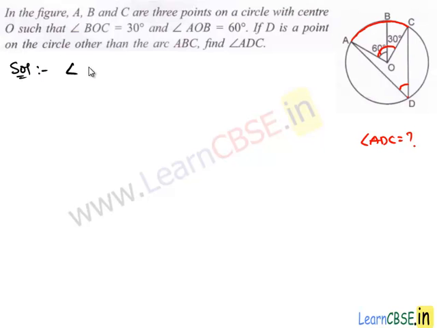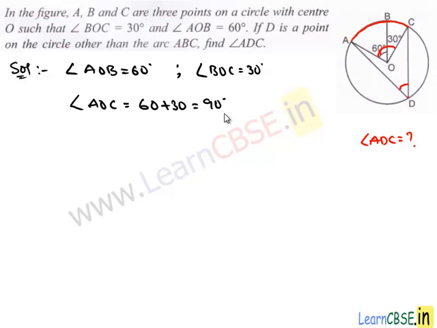Here we have angle AOB, which is 60 degrees, and angle BOC, which is 30 degrees. So by combining these two, we get angle AOC, that is the angle subtended by the arc at the center, and it is equal to the sum of 60 and 30, that is 90 degrees.